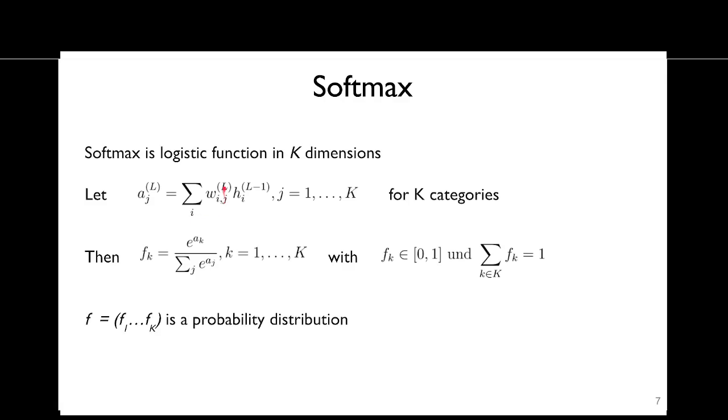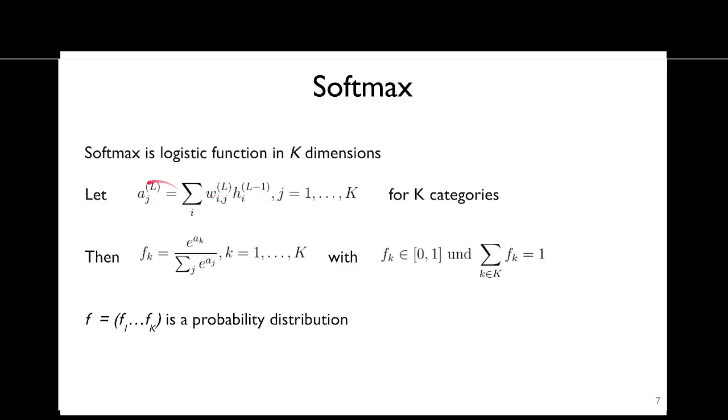We take the weights w^L from neuron i to neuron j times the output of neuron i in layer L-1, so that's this h over here. And we sum all of that up over all of these neurons in layer L-1. And that gives us the weighted sum a_j^L. And we can do this for the different categories from 1 to K. That's the range of this j.